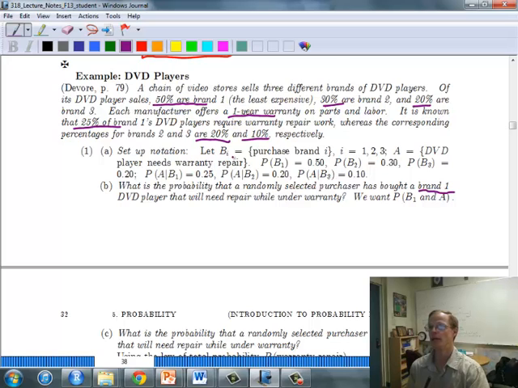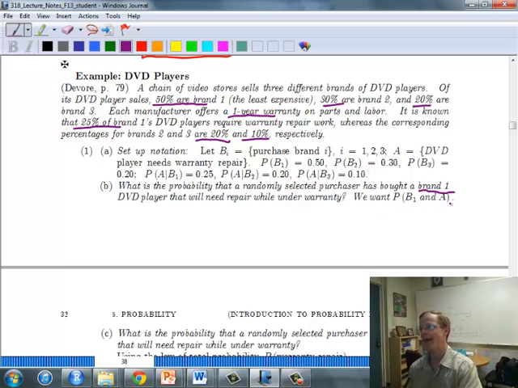So I'm going to use Bi is purchase brand i, and we of course have i equals 1, 2, and 3. And then A is going to be DVD player needs warranty repair. That's the thing that we're looking at. So if you go down to the question again, brand 1 DVD player while under warranty, this is the statement.